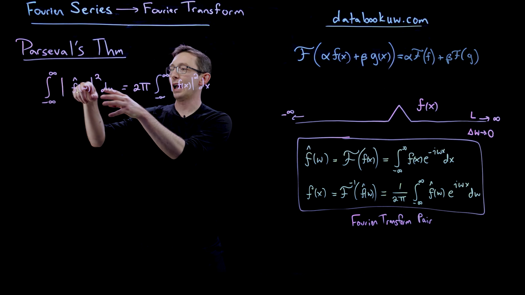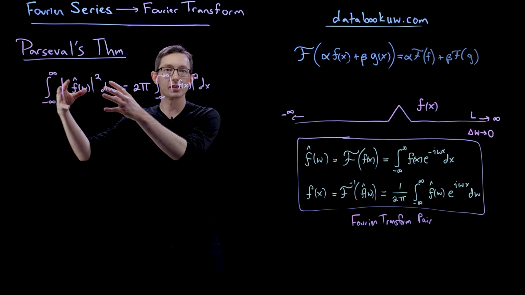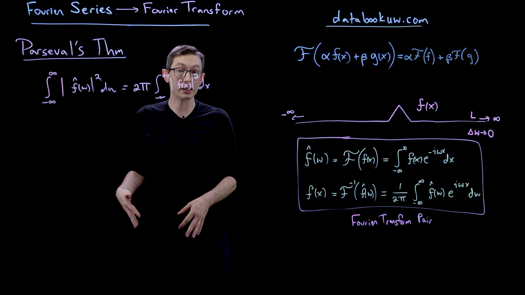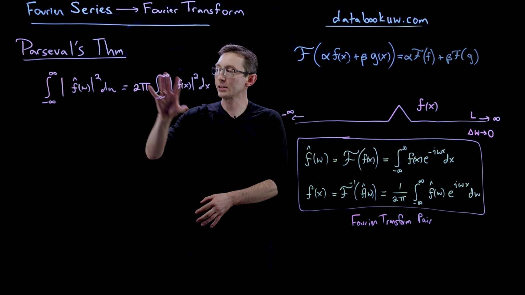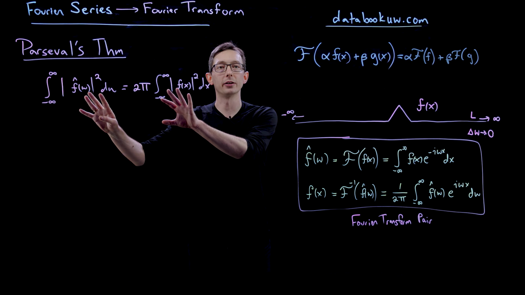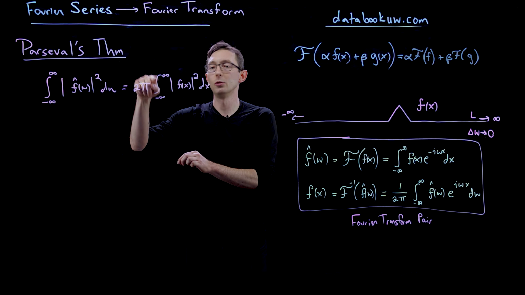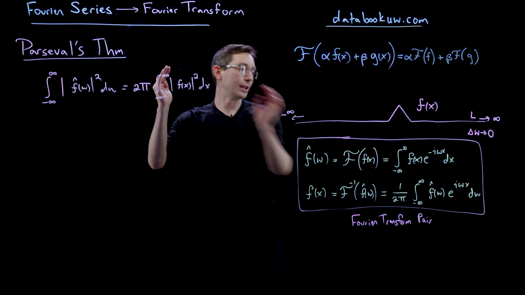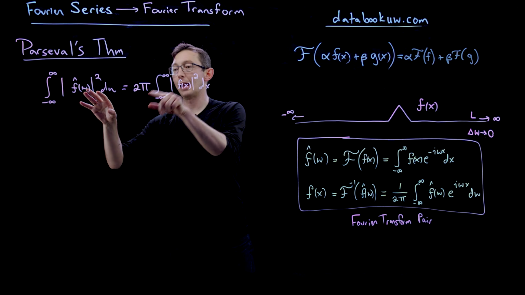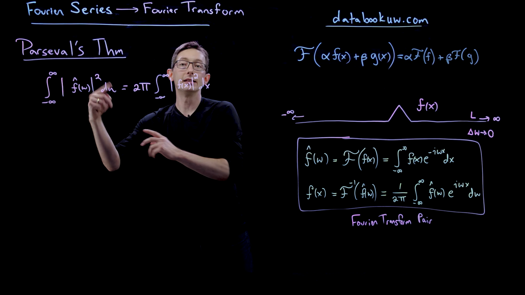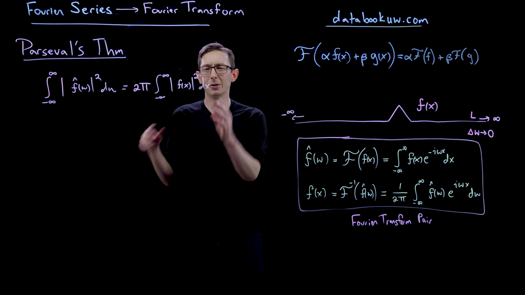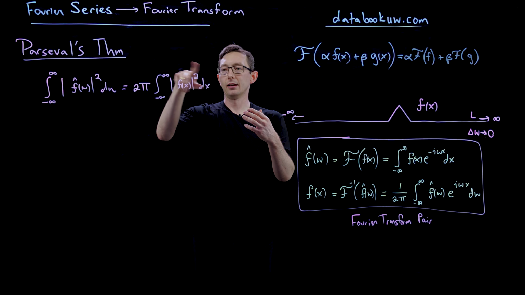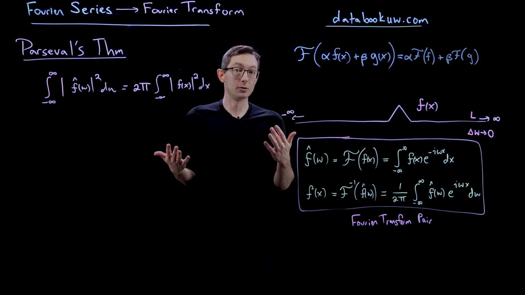And that's similarly how much energy or area squared under the curve of the Fourier transform there is. And what Parseval's theorem says is that these two integrals are equal up to a constant of 2 pi. So the energy in f is directly proportional to how much energy is in its Fourier transform. I'm using the word energy to represent this norm here.